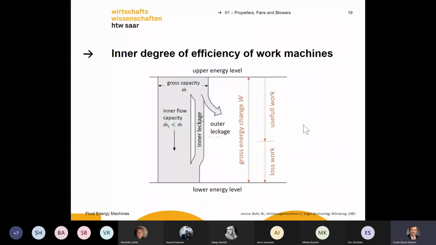That's the same picture, just painted a bit differently. Here we can have our losses: we have our gross capacity, we have inner flow capacity, we have inner leakage, we have outer leakage, and of course this outer leakage is much bigger if we don't have a duct around it.